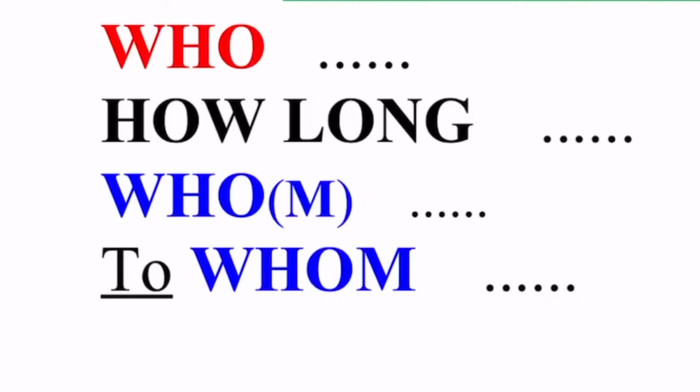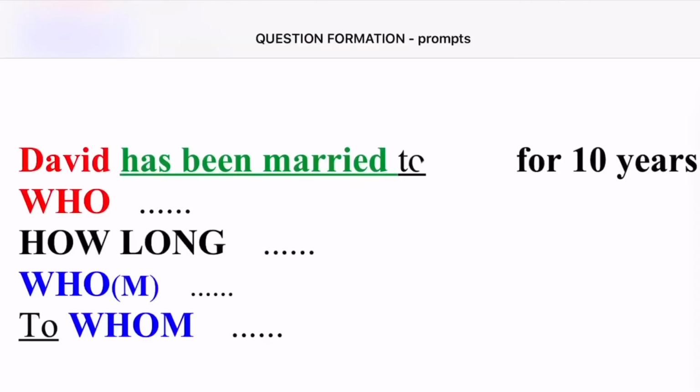So, who is what we would normally say, even though we're referring to the object, because we intend whom with the M. So the question is, who has David been married to for 10 years?